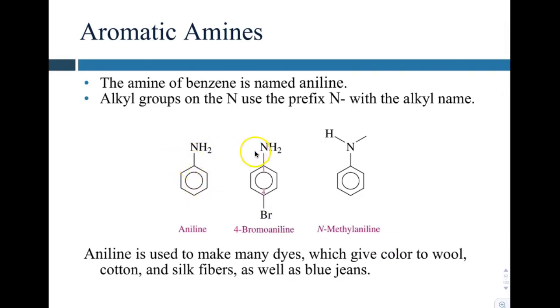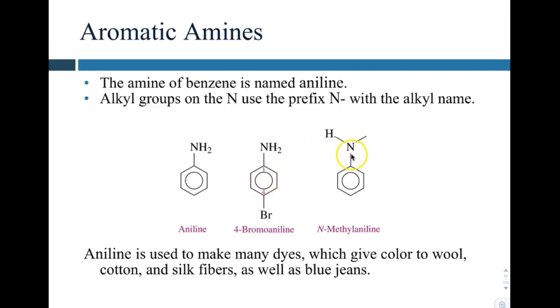And then if you have any groups attached to your benzene, you call it aniline. Assume carbon 1 for that, just like we do with phenol or benzoic acid. And then you tell me how many carbons away from the aniline group it is, and then we name it that way.